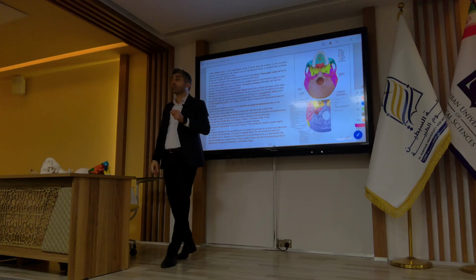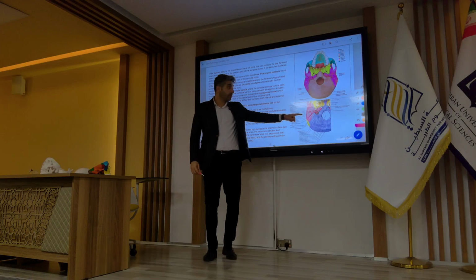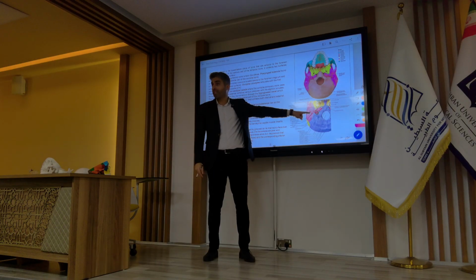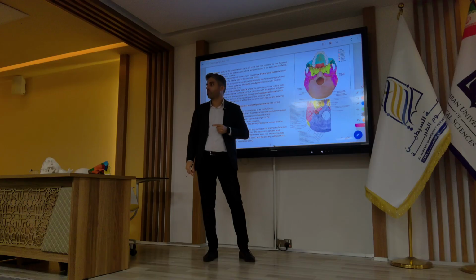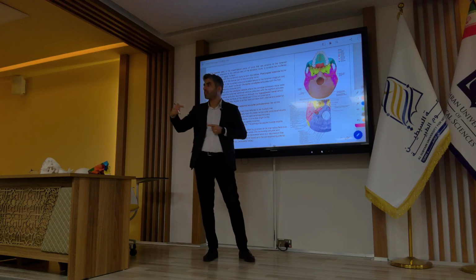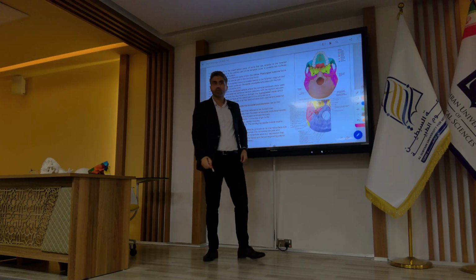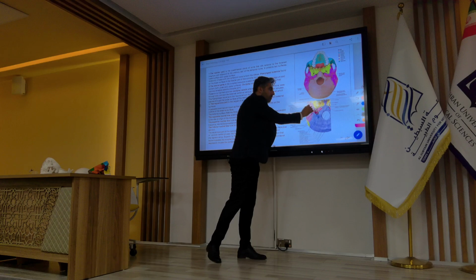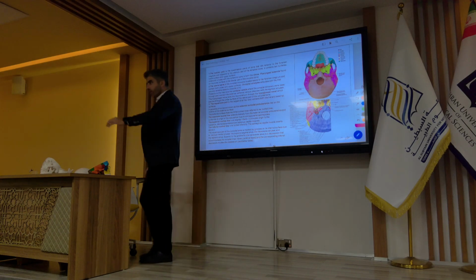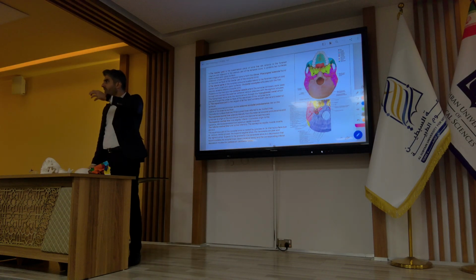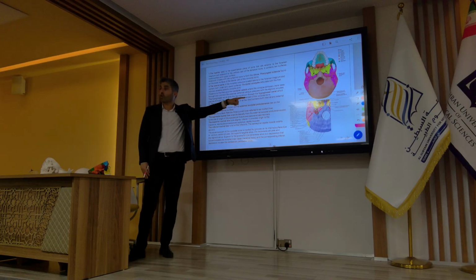When you found jugular foramen for vein, a little anterior to the jugular foramen, you have carotid canal for artery. It's completely in the temporal bone.